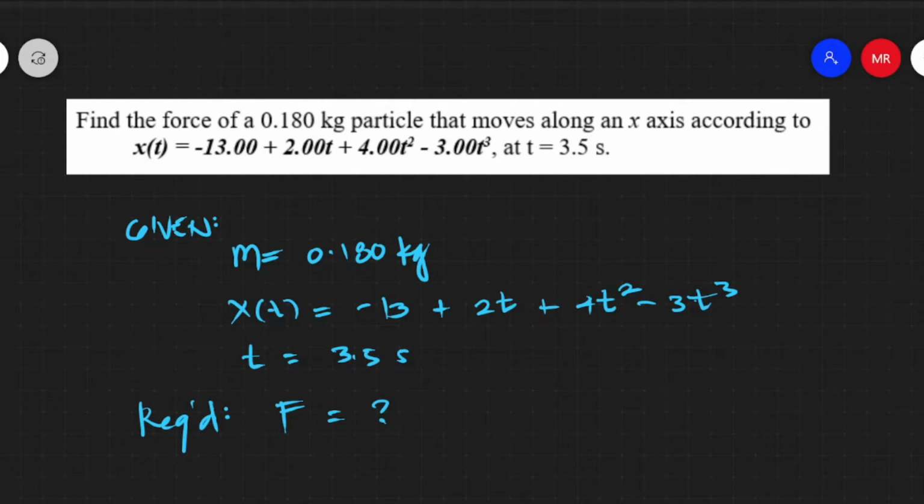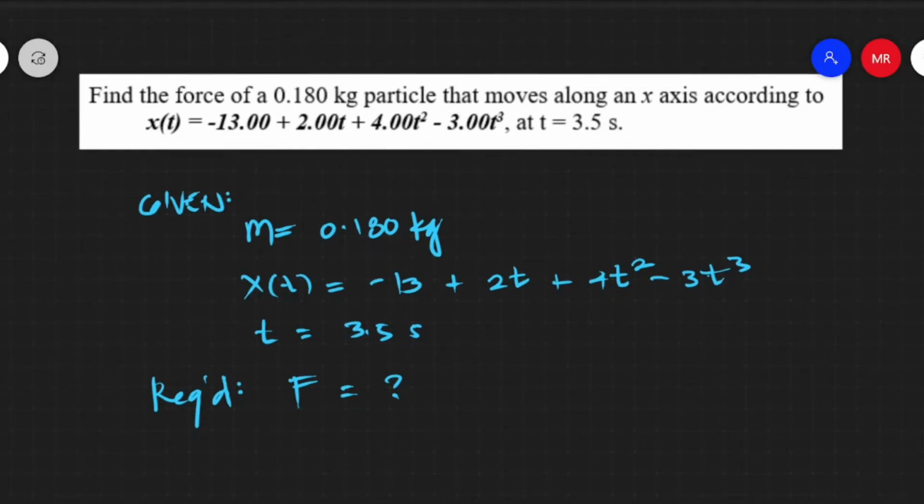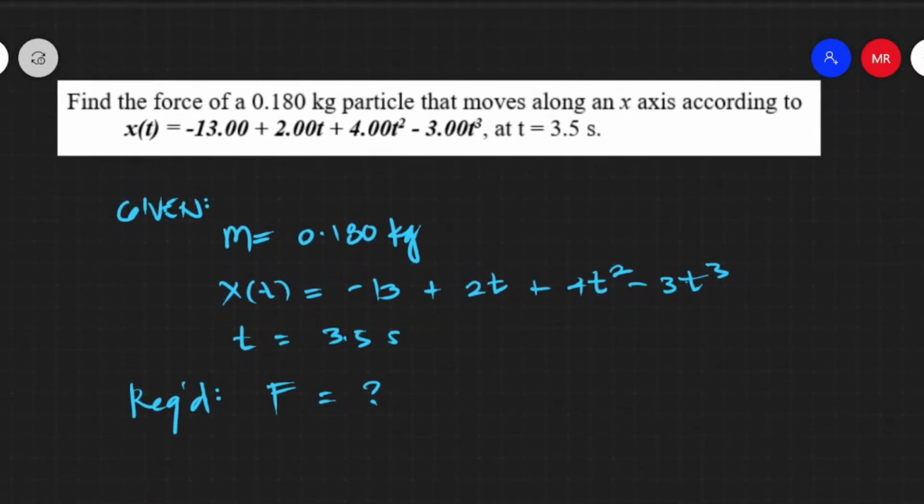being exerted on the particle when the particle is moving along the x-axis as given by this function x at time 3.5 seconds. Now if we remember our previous lesson on kinematics, we can get the acceleration of this particle.